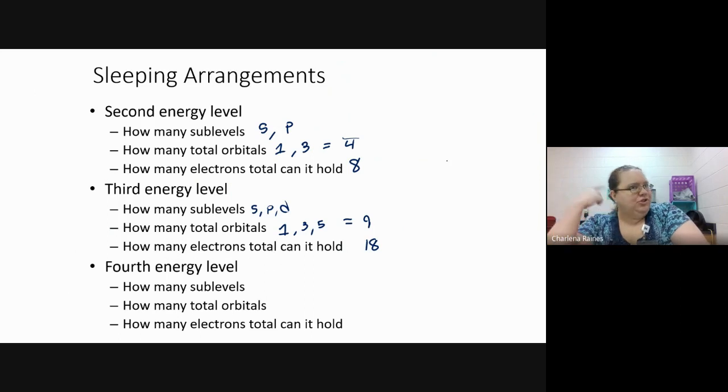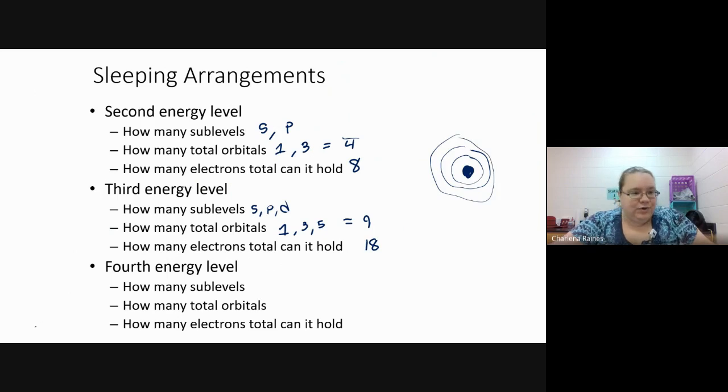These numbers should be sounding familiar because these are our dots in our Bohr's model. So remember drawing Bohr's model the other day? Those dots to represent the electrons, the number of dots per ring. This is that same overlap. So Bohr was partially correct in the fact that he had electrons and energy levels.